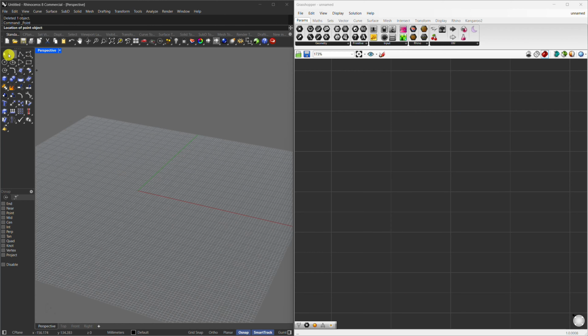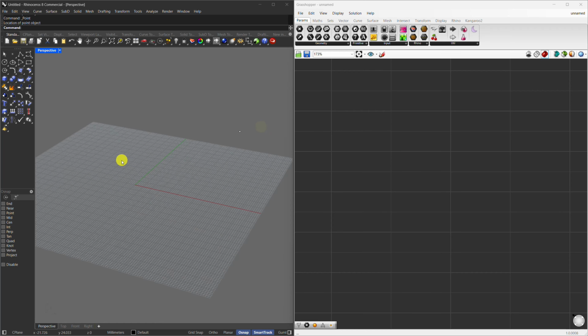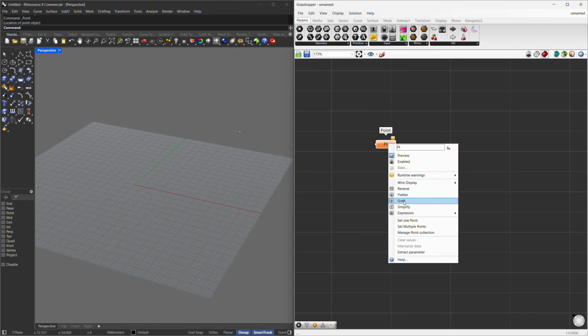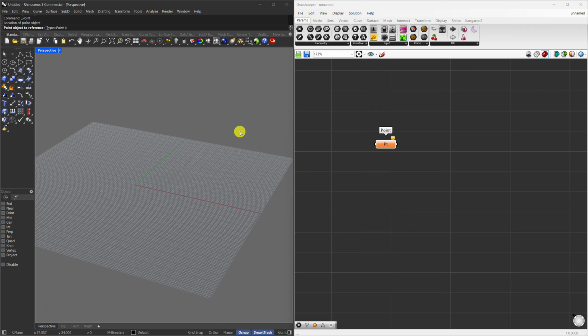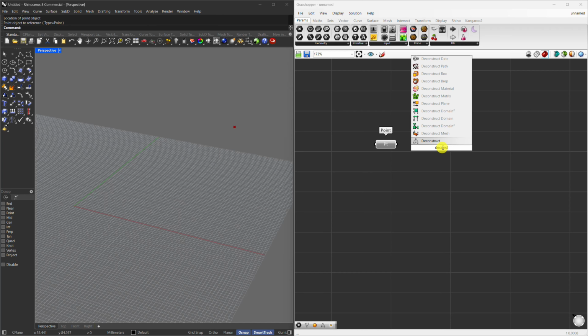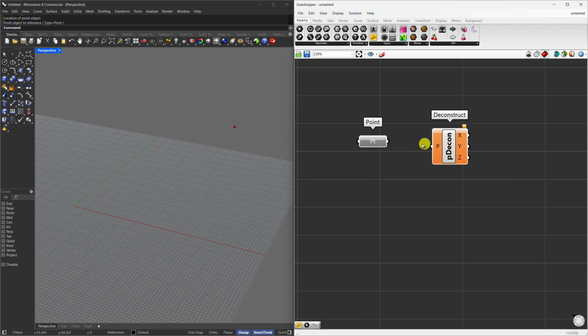Let's take a look at it in Rhino. So let's say we are positioning one point. Let's find out the WCS of that point. I am setting up the point and using Deconstruct to find out the x, y, z coordinates.